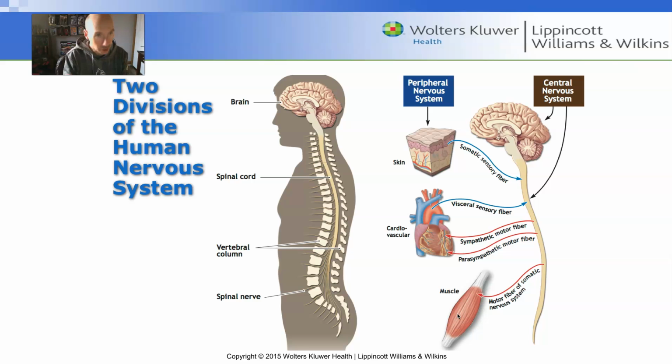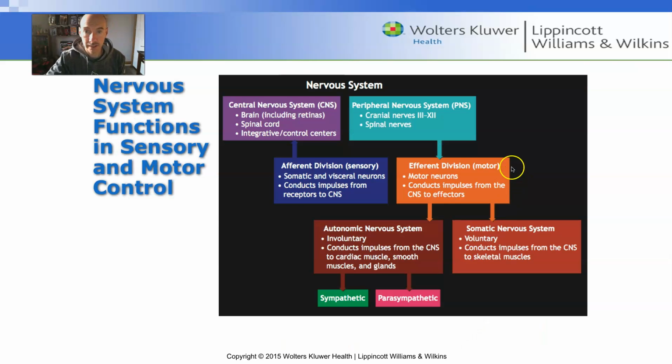And within the peripheral nervous system, there are some other subdivisions as well. And those are initially shown here, but that's our first of our three topics that we're gonna get into, is this initial division within the peripheral nervous system. Okay, so that's going to take us to here.